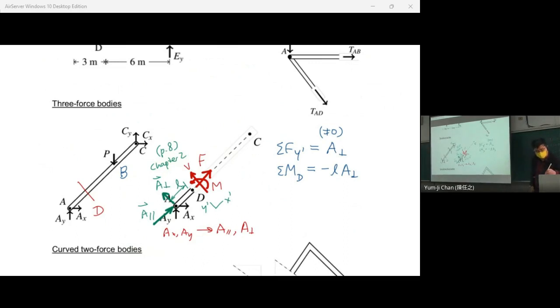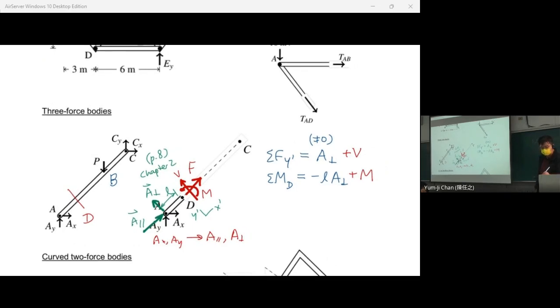And the sum of Fy prime is equal to A perpendicular plus V. And summation MD is equal to minus L A perpendicular plus M. So this one, V, is called shearing force. And M is called bending moment.